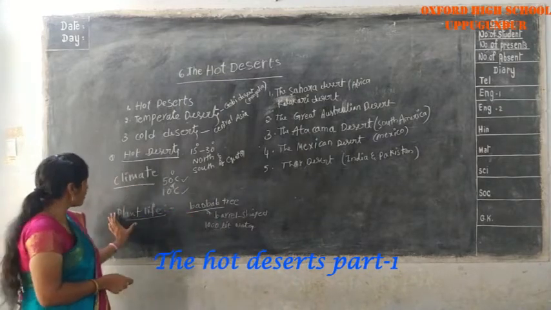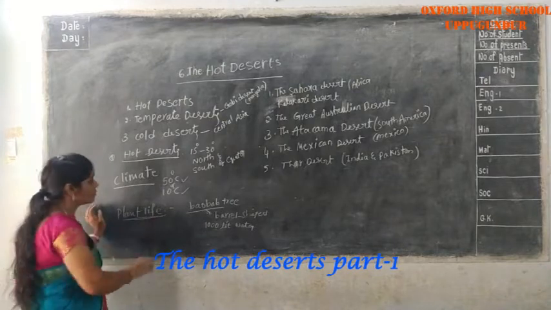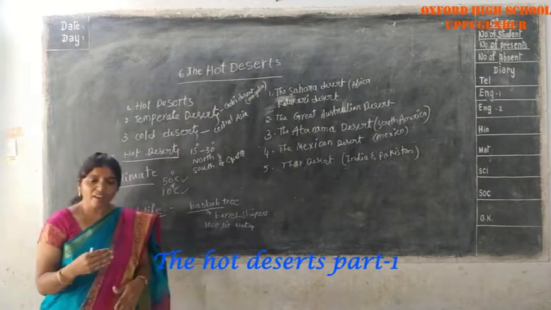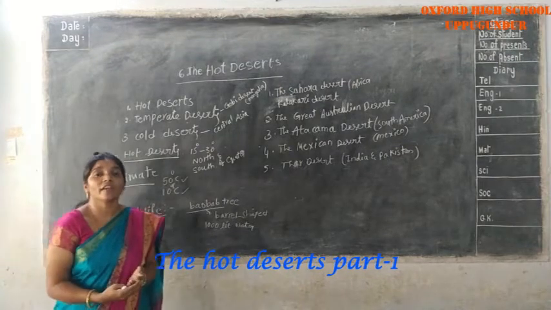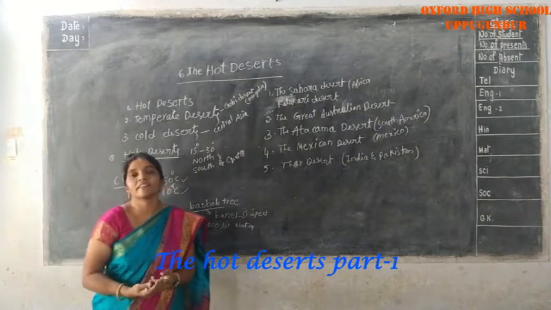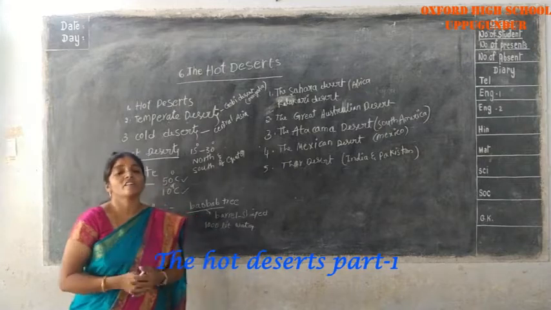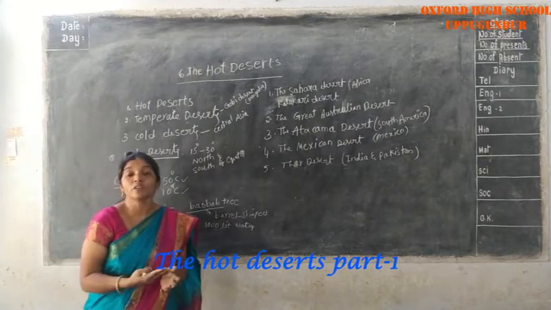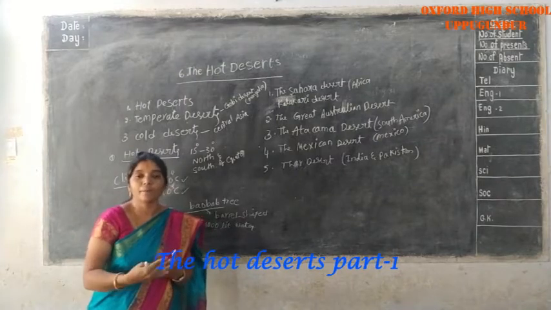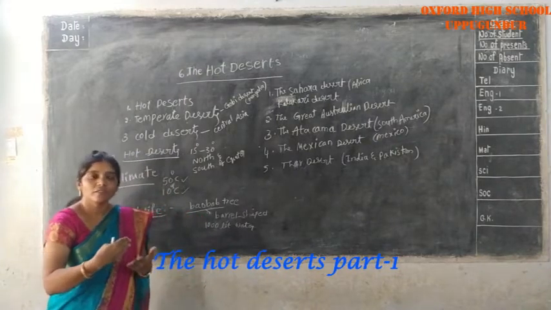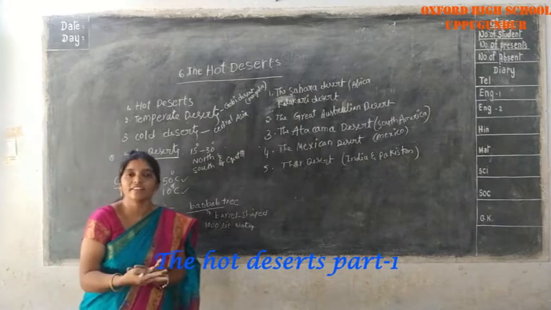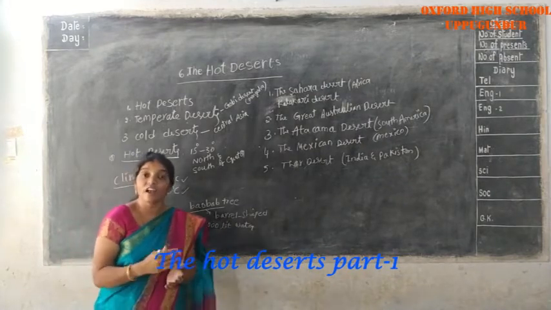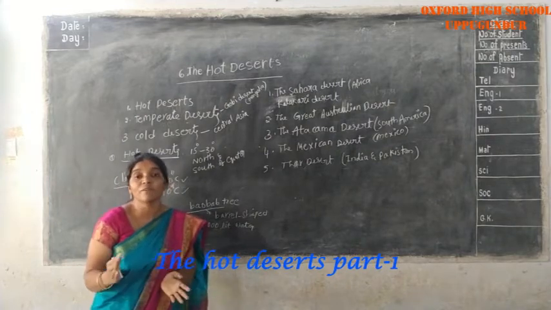Next, the plant life of the hot deserts. As we know, deserts have an extreme climate, so it is not suitable for vegetation. The chances of growing crops or plants there are very low. The climate is not suitable for that.